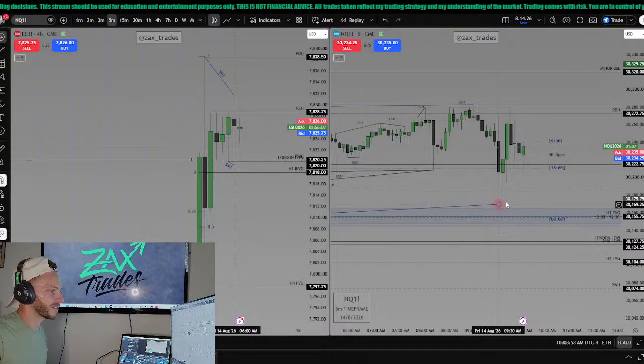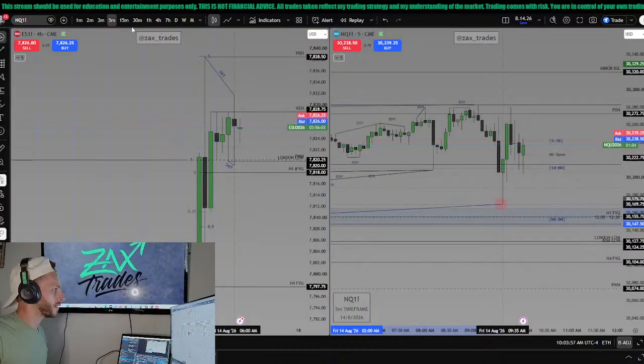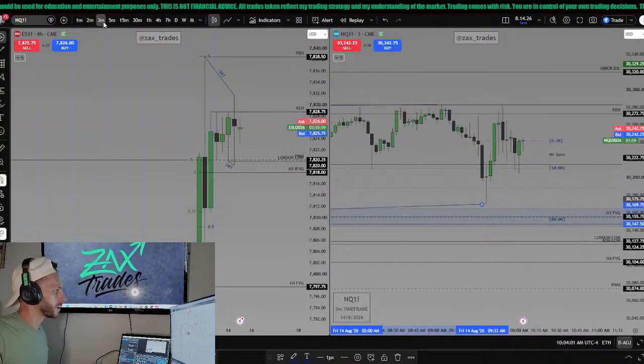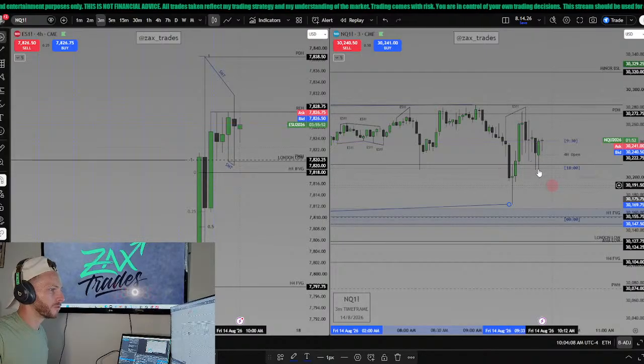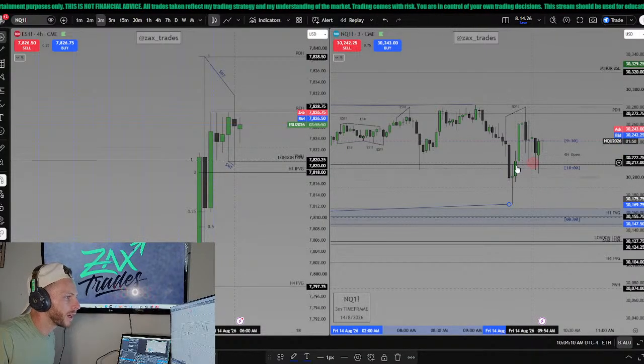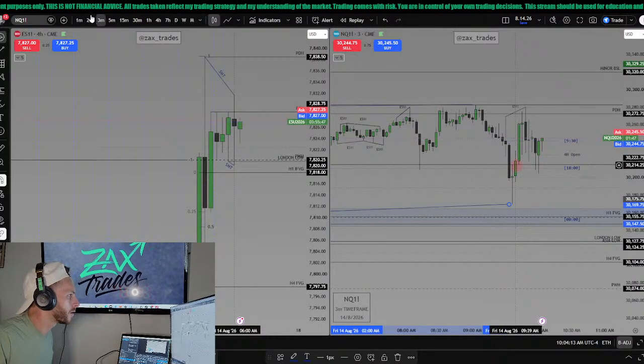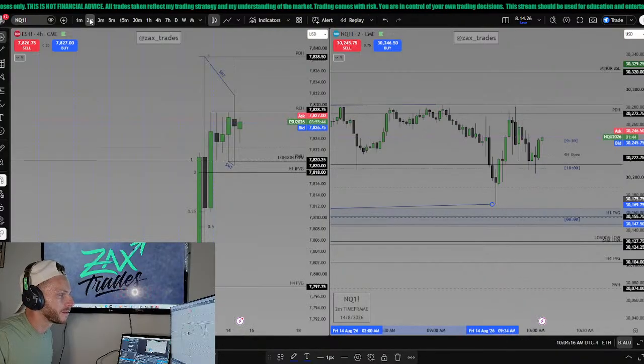I still don't really like it. I was hoping that off of that long wick from that last hourly candle, we would have maybe a potential of a new bullish gap on these lower time frames that we could look for price to pull.